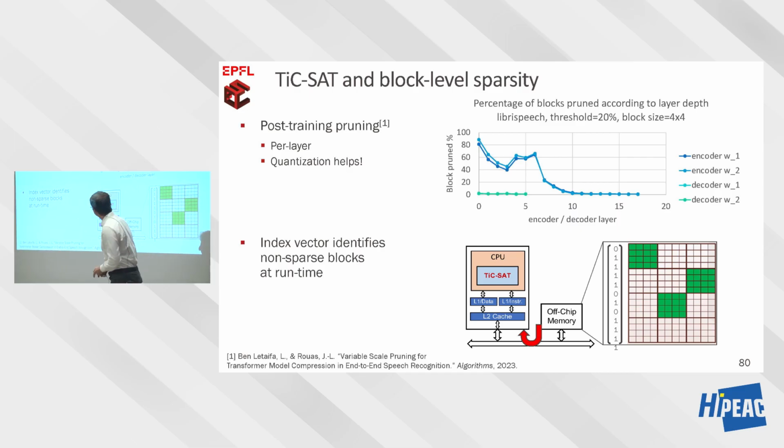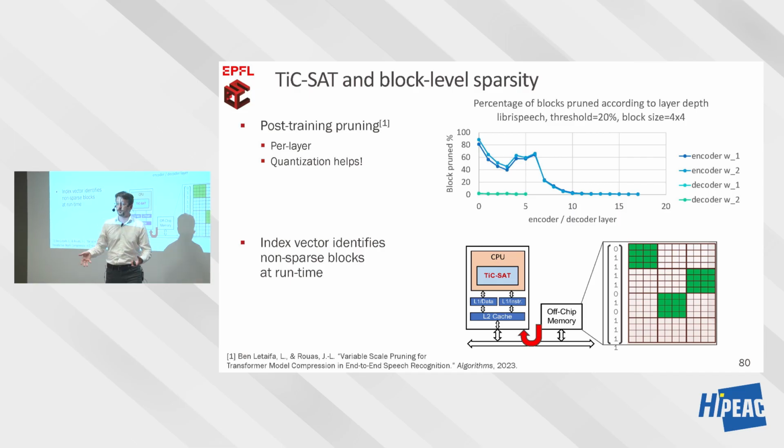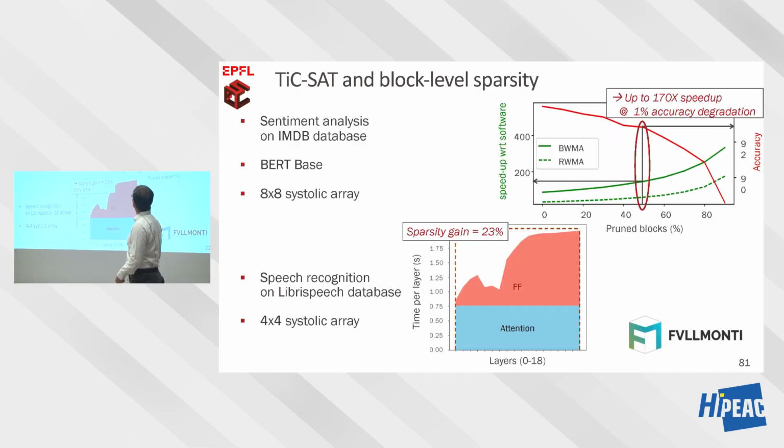Okay, fine. So we took advantage of this ability of pruning blocks, and we encoded our matrices as sparse matrices with indexes identifying which blocks are non-sparse. It turns out that the quality of service versus performance trade-off you can achieve is pretty interesting.